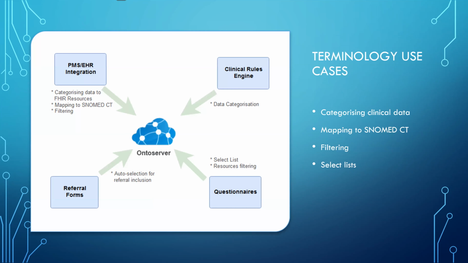So where is terminology used in our platform? It's used in a number of places. We're utilizing our EHR integration to categorize the coded data that is within the patient record, and we use that to categorize it into the various FHIR resources, observations or problems, etc. We're also doing mapping of the data that comes from the EHR, from their native code system, like Read and CTV3, to SNOMED.